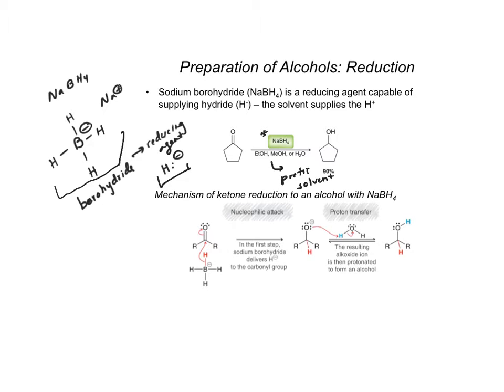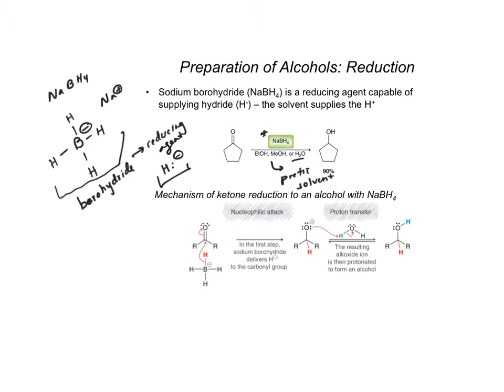Again, a protic solvent is one that has hydrogen bonds, essentially. The purpose of that protic solvent is to act as a proton source to protonate the negatively charged oxide that we end up with at the end of this reaction. This can be ethanol, methanol, or water, and they can all be mixed in with the sodium borohydride.